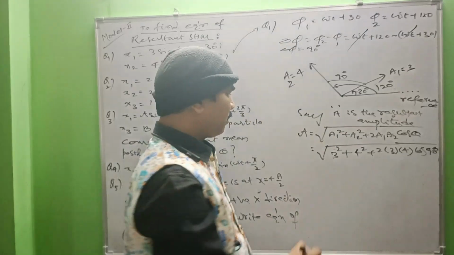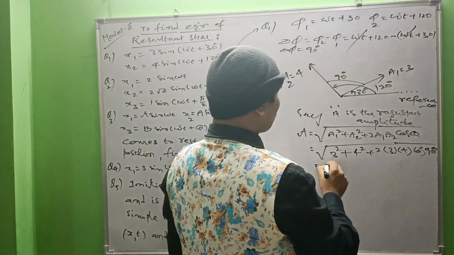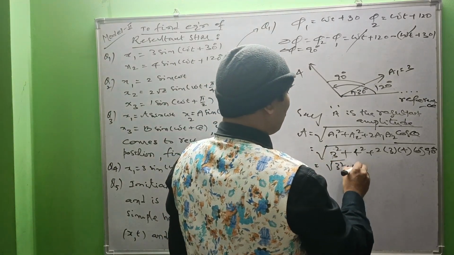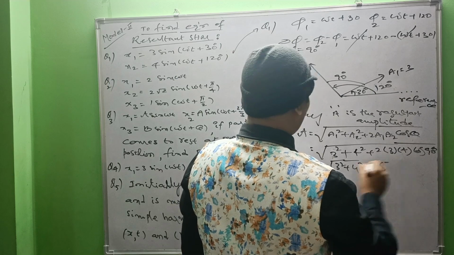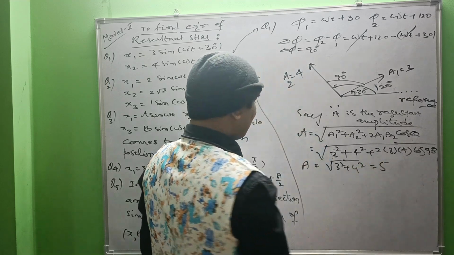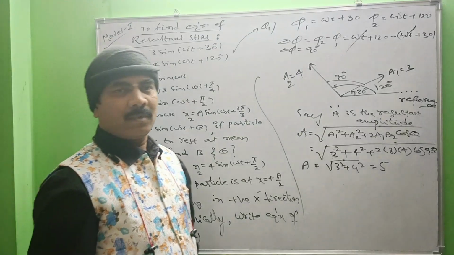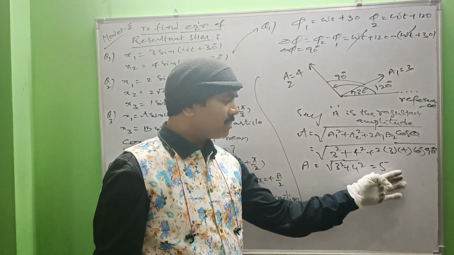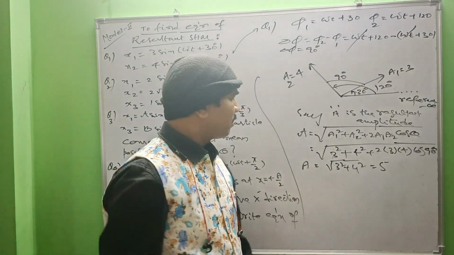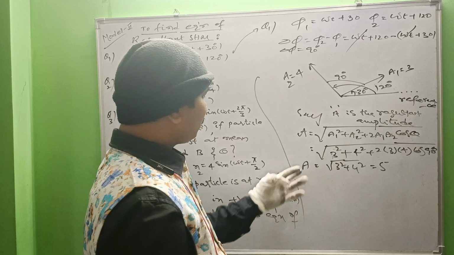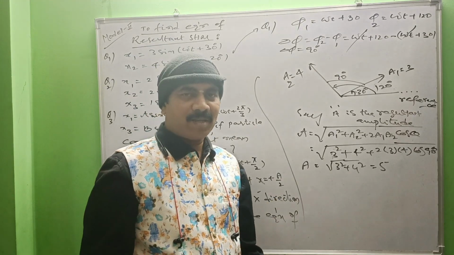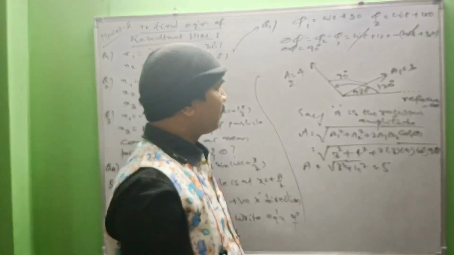Cos 90 is 0. So that is 3 square plus 4 square, which is 5. So the resultant amplitude A equals 5 centimeters, in CGS centimeter, in SI meters. We have the value of A, the resultant amplitude of the resultant SHM.